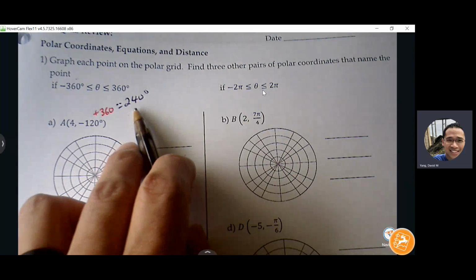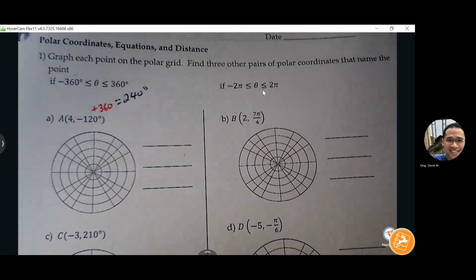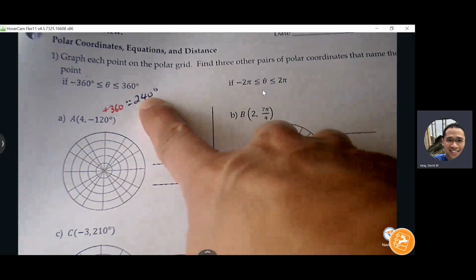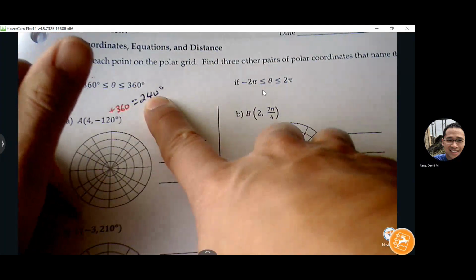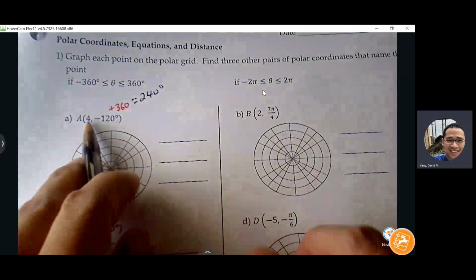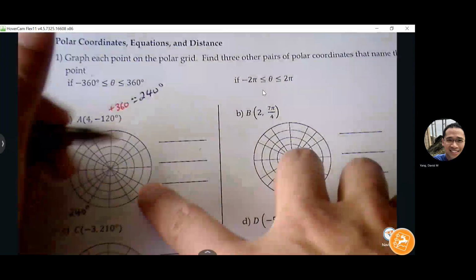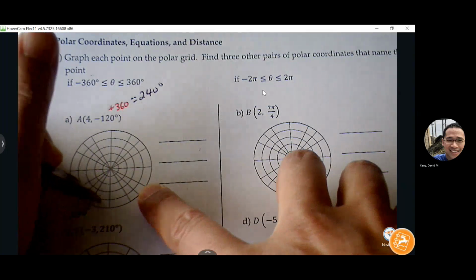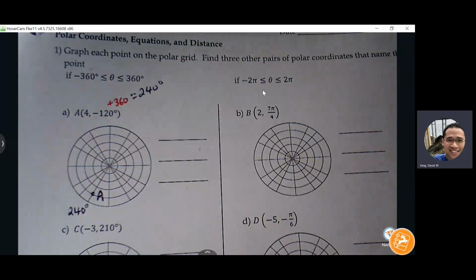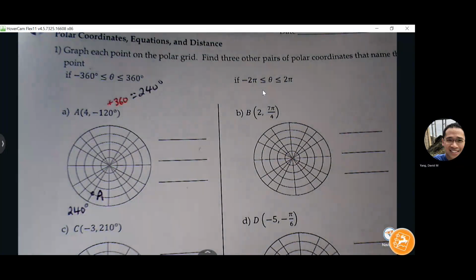Which quadrant is that in? Quadrant 3. Okay, so I'm walking 4 units towards quadrant 3. So that means every point, every order pair that I create has to land at that same point.